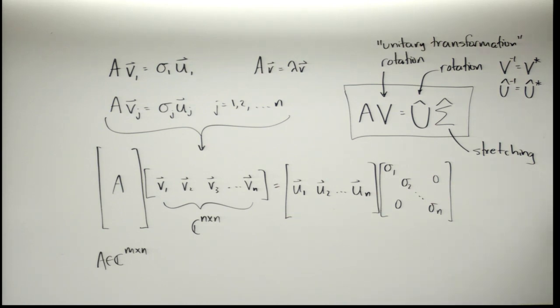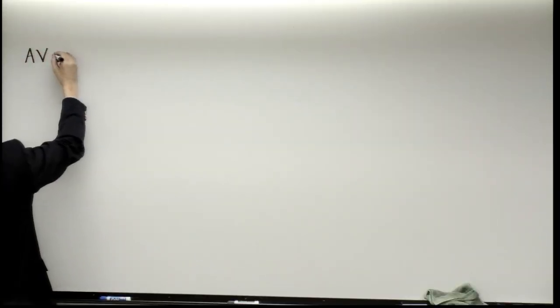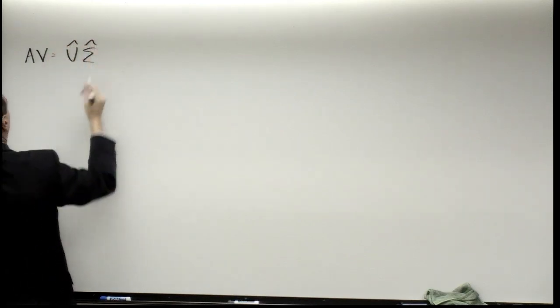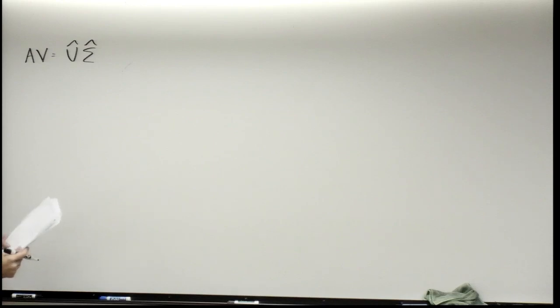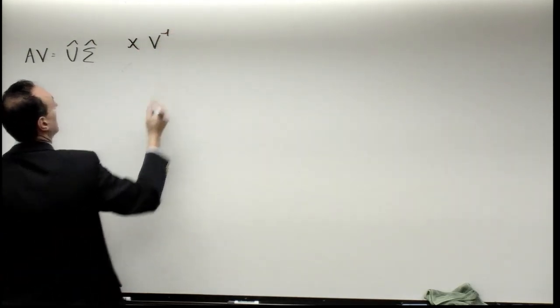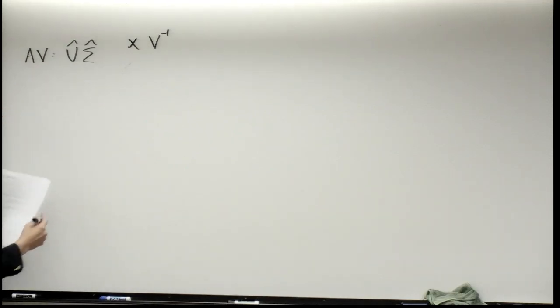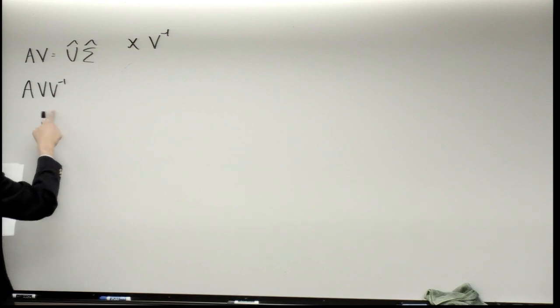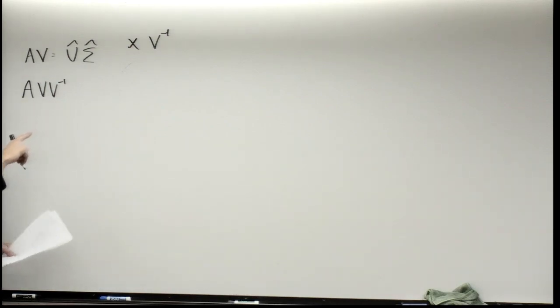So let's write this down. A V is equal to U hat sigma hat. Now what I'm going to do with this is to multiply both sides on the right times V inverse. So A V V inverse, that's the identity.